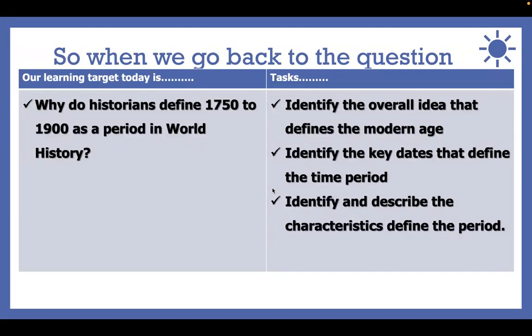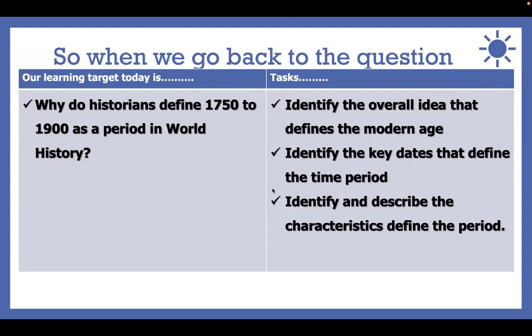They all revolve around the word modern. And then, secondly, we take a look at the dates. What are the key dates of the modern age? And then finally, when we look at the big picture as to how people live their lives, we're identifying and describing the different characteristics that are going to be used to define the period, because a time period is defined not only by overall ideas and dates, but also the shared characteristics of survival and prosperity.